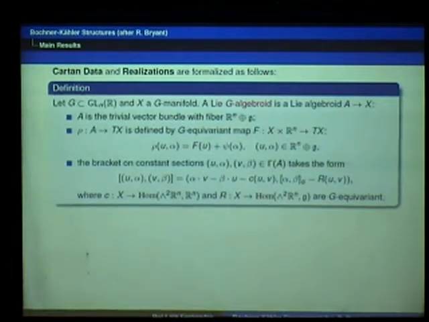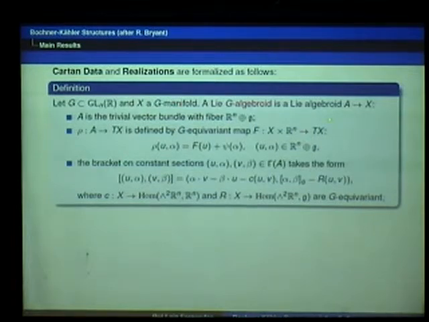So I told you Cartan data can be encoded as these bundles. So here is what I told you before, except that now you know what an algebroid is. And so I have abstracted this to a definition. So a Lie G-algebroid is just an algebroid that's trivial as a vector bundle. The fiber is R^n plus the Lie algebra g. G is the fixed group. Note that X is a G-manifold.